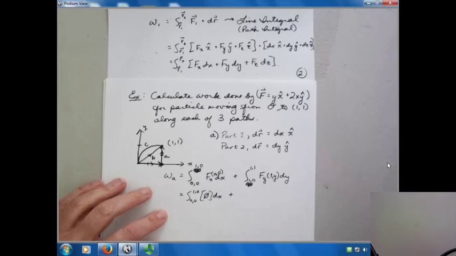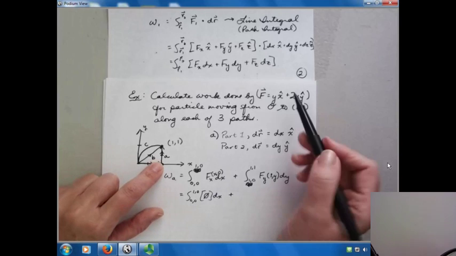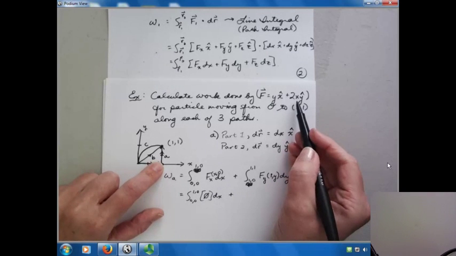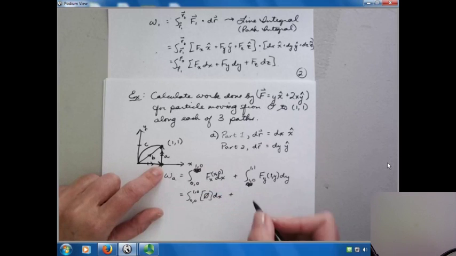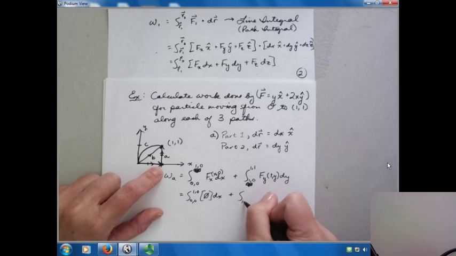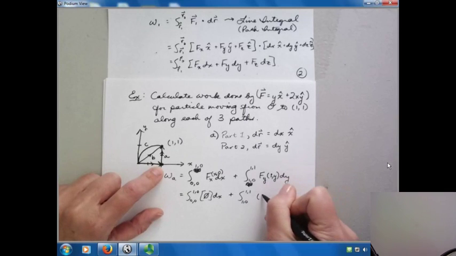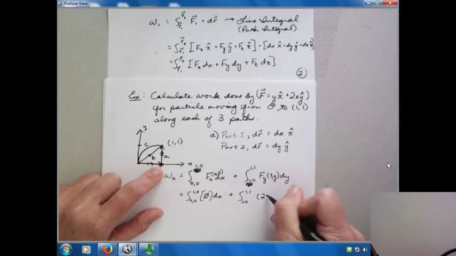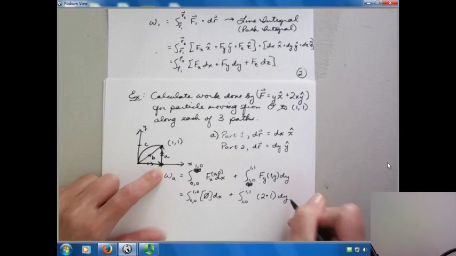All right, and for my y component of force along this path, I see that it is equal to 2 times x, and for all points along this path, x is equal to 1. So I get the integral from (1, 0) to (1, 1) of 2 times x, which is 2 times 1, times dy.